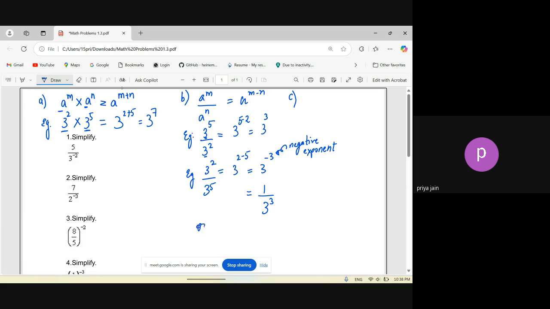Or if it's 1 over 3 to the negative 3, so if it's at the bottom, then you take the reciprocal of that. I'm familiar with the 1 over 3, but not doing the reciprocal as well. So that's what we do.